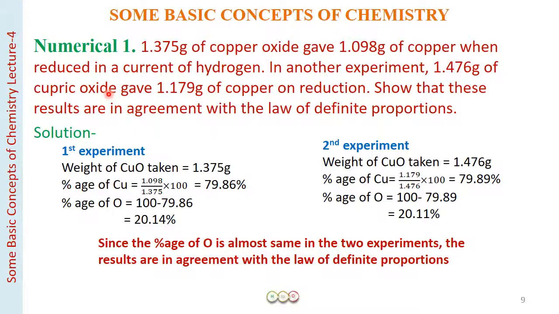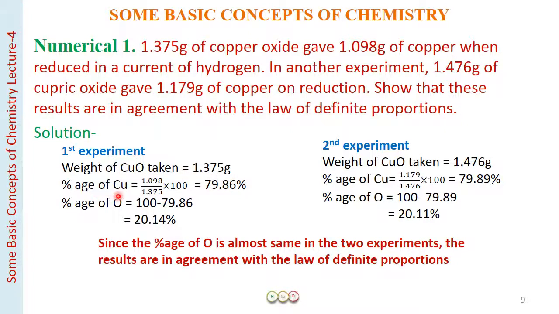Now, we will see what is the ratio or percentage of copper and oxygen in one compound, and compare it with the percentage of oxygen and copper in the second compound. And if these percentages are the same, that means the law is explained. Fine. So in the first experiment, the weight of copper oxide taken is 1.375 gram.